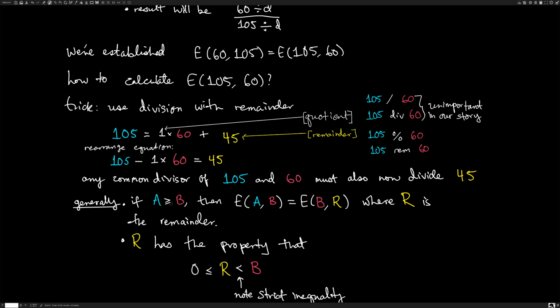It's not true that A remainder B is equal to B remainder A. So if A is greater than or equal to B, then the GCD of 105 and 60, another way to state this, any common divisor of 105 and 60 is also a common divisor of 60 and 45. That's the way to think about it. So if A is greater than or equal to B, then Euclid of A, B is equal to Euclid of B, R, where R is the remainder.